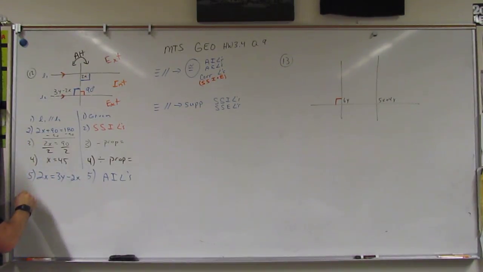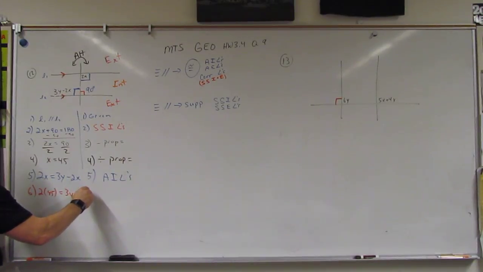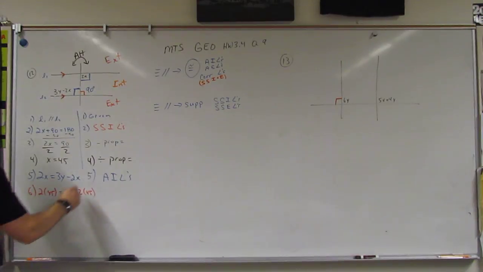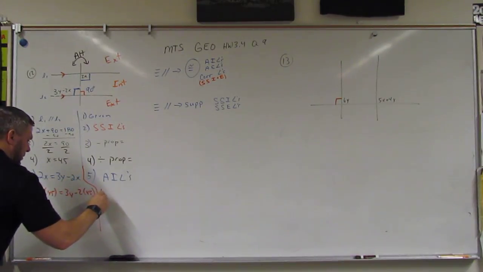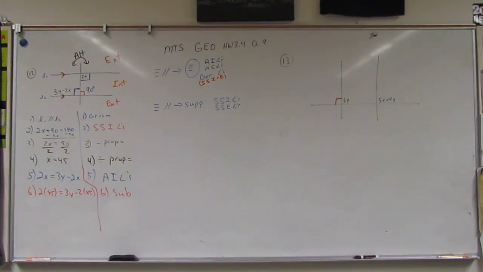So that means that 2 times 45 equals 3y minus 2 times 45. Is that correct? And what's that called? Substitution.